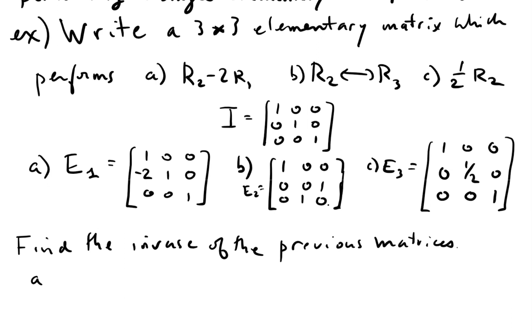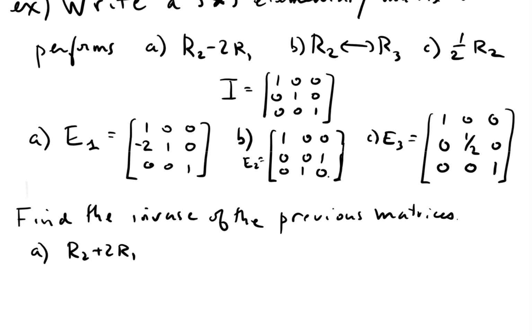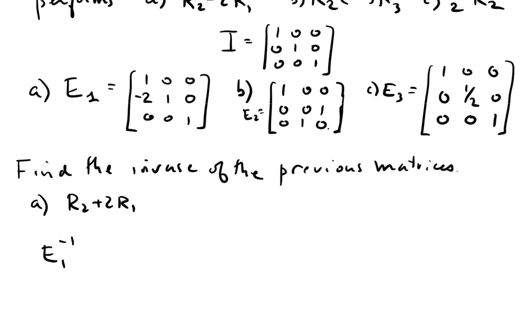So if I want to cancel the row operation where row 2 is changed by subtracting 2 times row 1, what do I need to do? I need to add back 2 times row 1 to row 2. So the inverse of E1 is the elementary matrix that performs that row operation. So what is that? That's 1, 0, 0, 2, 1, 0, 0, 0, 1.